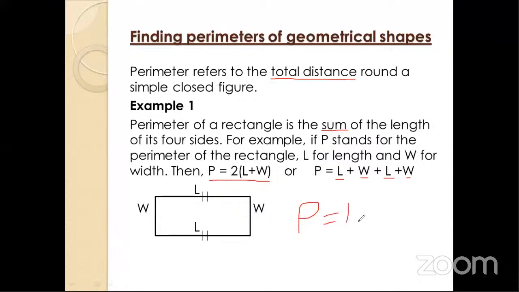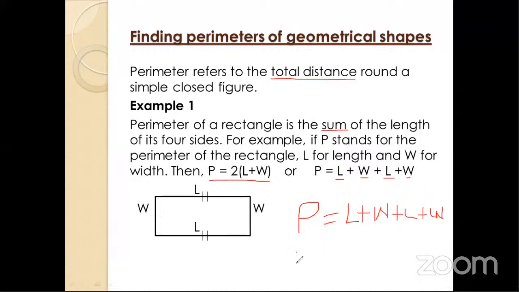I will say length plus width, because they are talking of total distance, and total means I add. So maybe this length plus this width, then plus again this length, and again this width, because there are 4 sides. You make sure you add all the 4 sides. So this is how you can find perimeter.